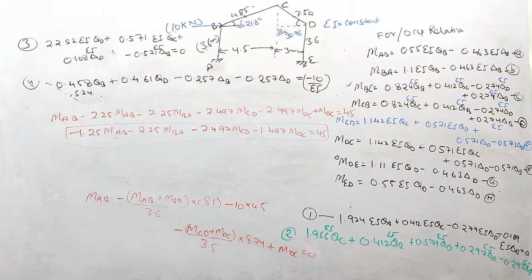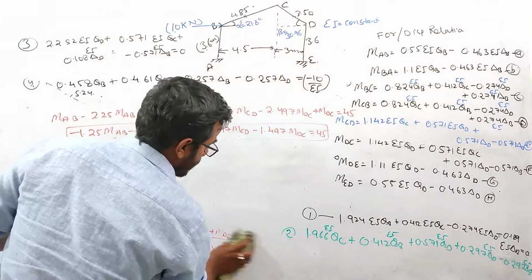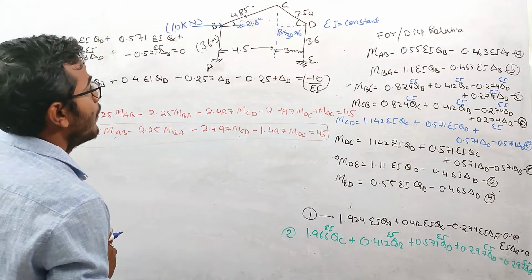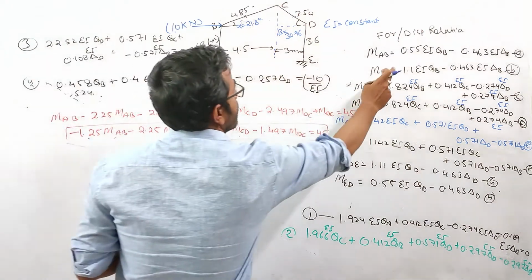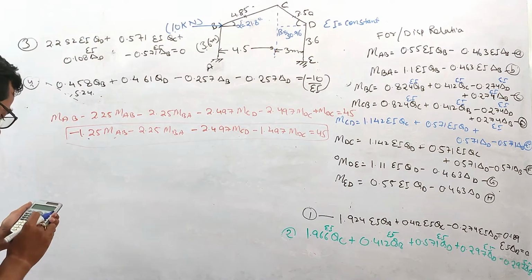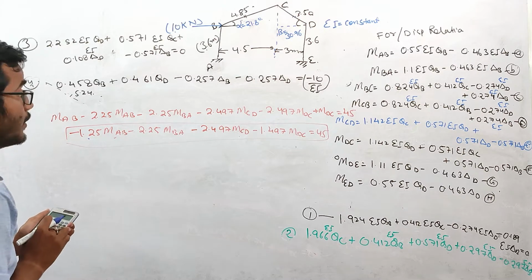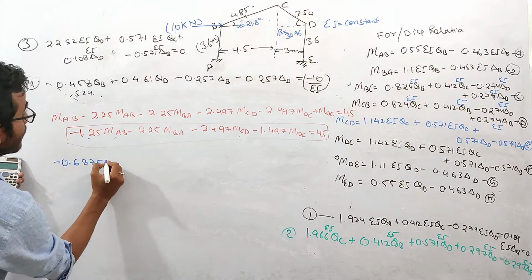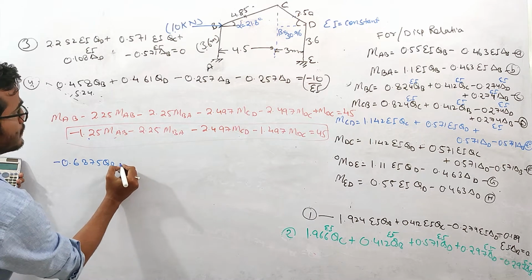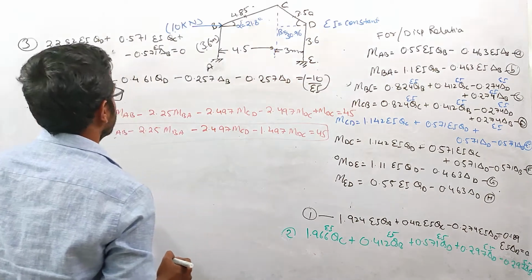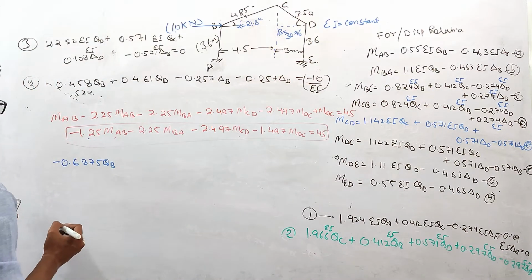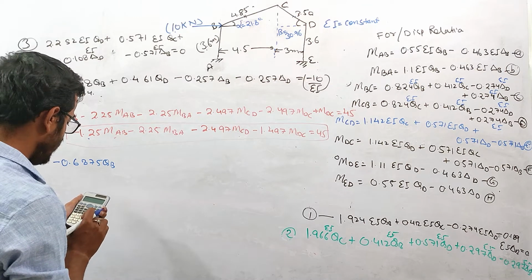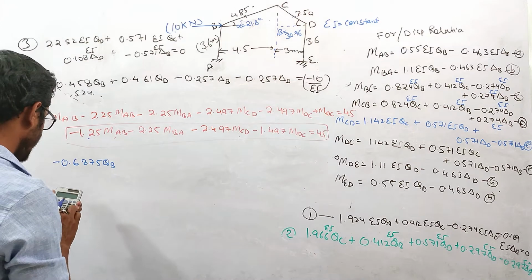So MAB is, I'll simply multiply this coefficient by this equation, okay? So my equation will be minus 1.25 into 0.55. This is equal to minus 0.6875 theta B, right? Okay, this is minus 4.463 into 1.25.